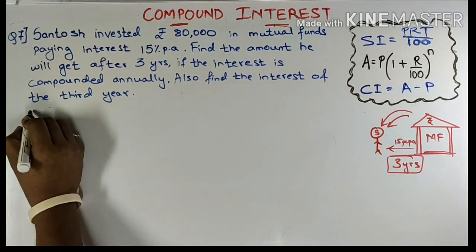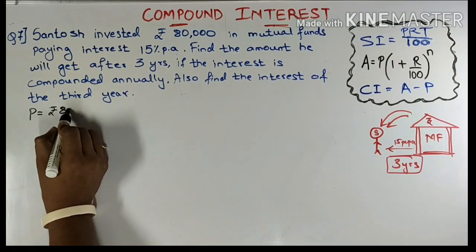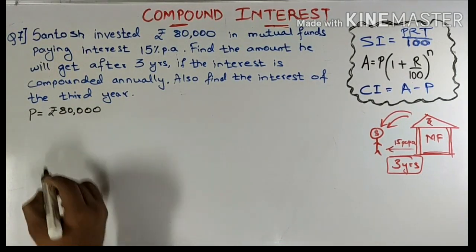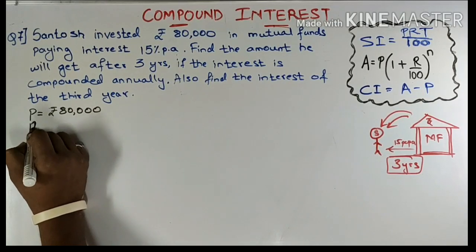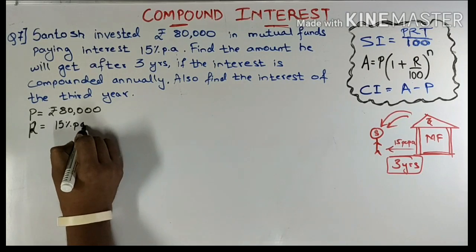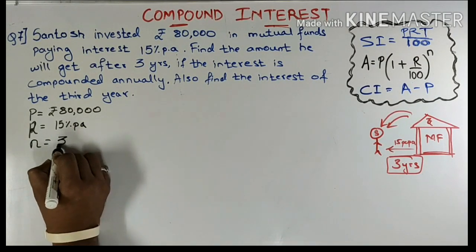So principal amount is rupees 80,000. Rate of interest is 15% per annum. Number of years is 3.